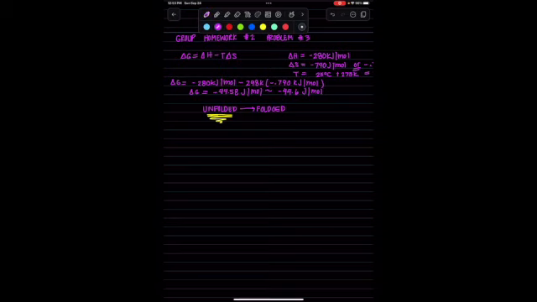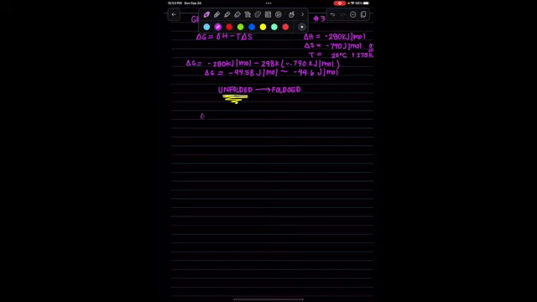So what we do is we set delta G to 0 and we plug in our delta H and our delta S. So we know our delta H is negative 280 kilojoules per mole. We're looking for our T, and our delta S is negative 0.790 kilojoules per mole.